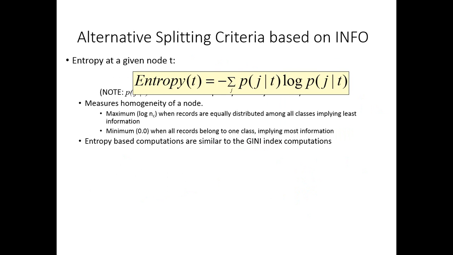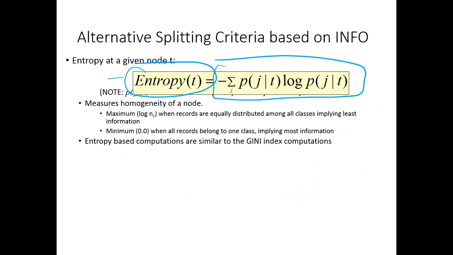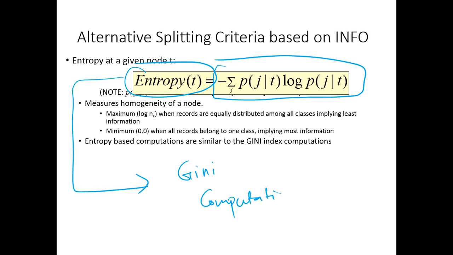Like Gini, you can also use what is known as entropy. The formula is just changed, but the computation is very similar. The reason we have another metric other than Gini is to deal with computational efficiency.